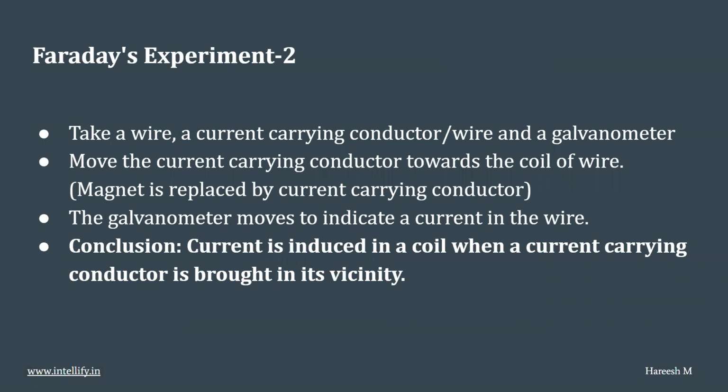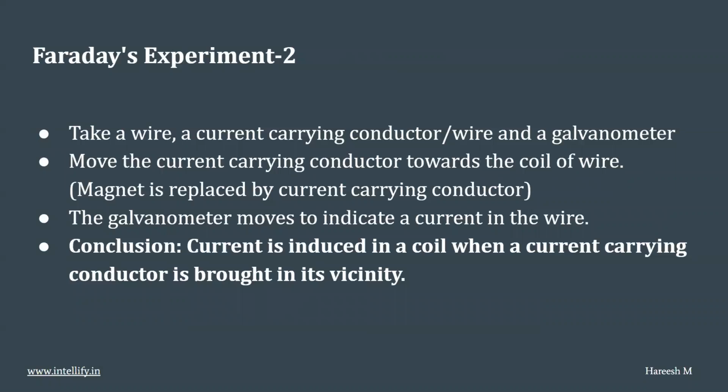What was Faraday's experiment number 2? In the second experiment, he took the same wire coil and a galvanometer, and instead of the magnet in the first experiment, here he used a current carrying conductor. When the current carrying conductor was moved towards the coil of the wire, there was deflection in the galvanometer.